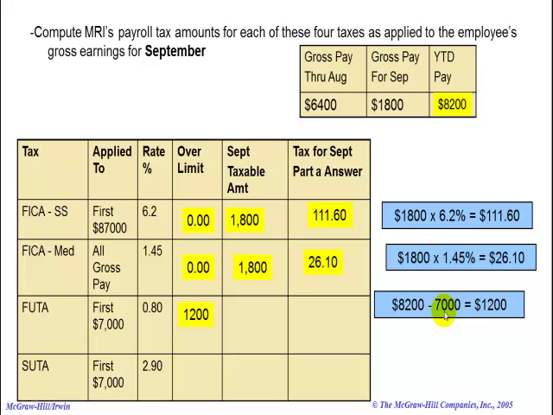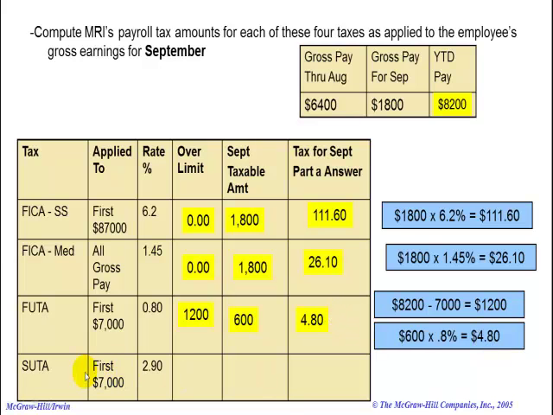So we've got $8,200 is what they made minus the $7,000 limit, and they're $1,200 over the limit. So $600 is going to be the taxable amount of these September wages for FUTA. So $600 times 0.8% will be $4.80 that the employer is responsible for FUTA taxes.